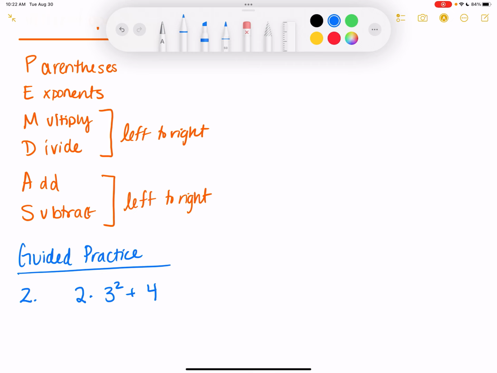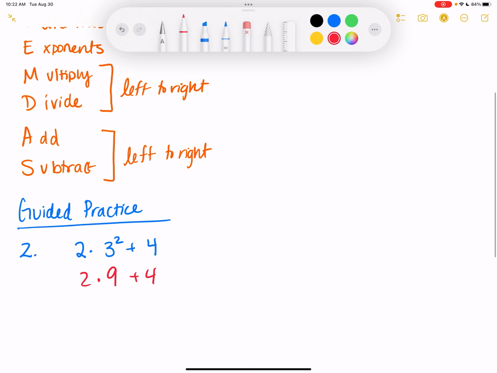So we're going to do the 3 squared, which is 3 times 3, so that's 9, and then we copy the rest down. Now multiplication and division, so 2 times 9, that's 18, plus 4, and lastly we can do our adding and subtracting. So it'll be 22.